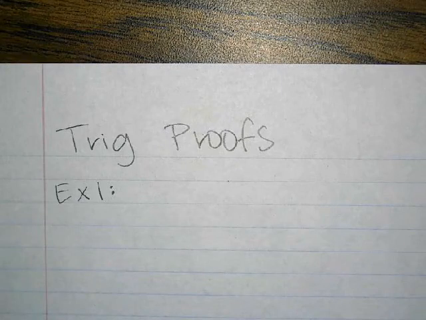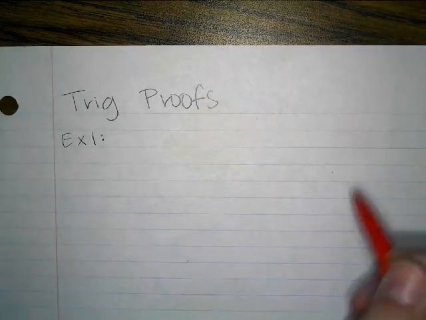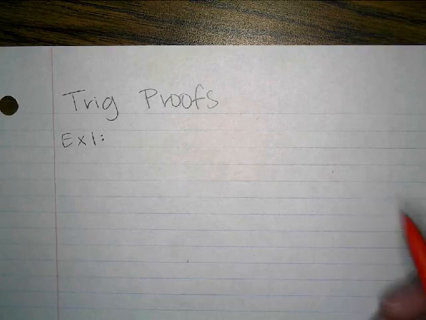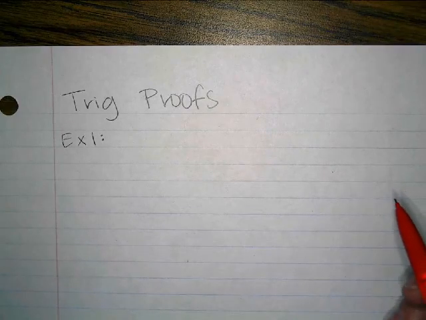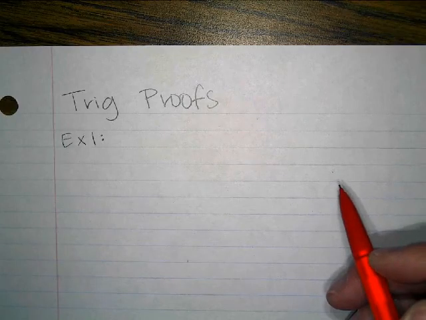All right, so here is the first proof we're going to do. The proofs are very similar to the simplifying that we just did, but the answers are not as short necessarily. Like yesterday when I had the answers up and I told you to take a picture of them so you kind of knew what the answers were ahead of time, that's exactly what a proof is.